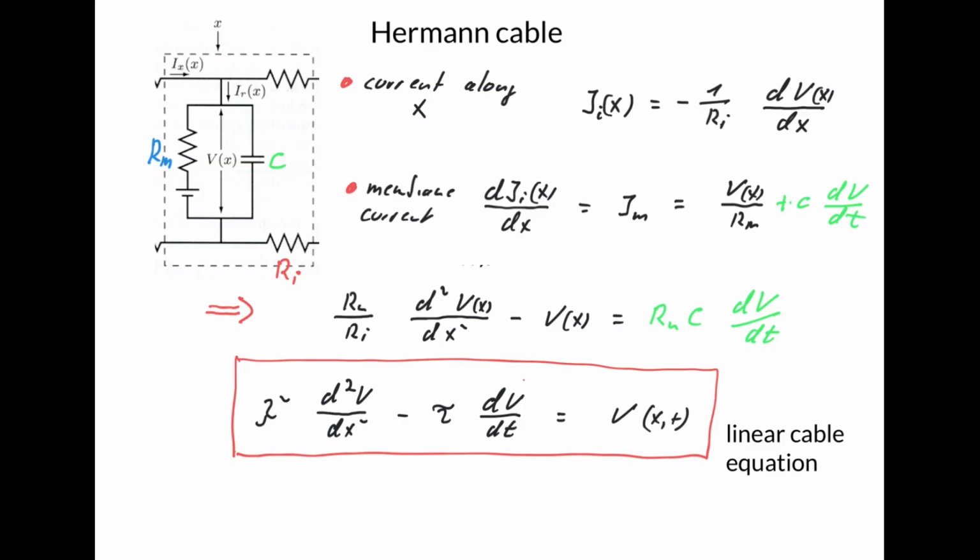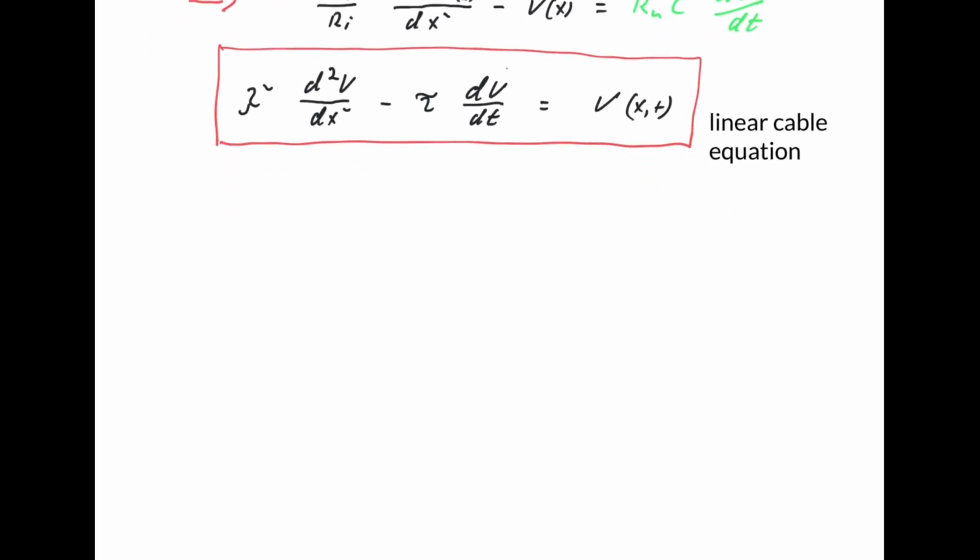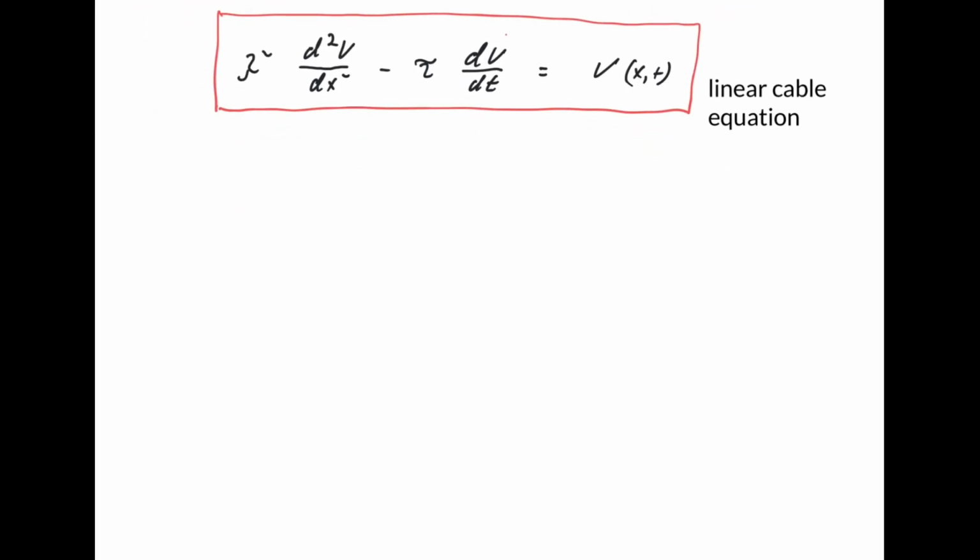Now let's try to find a solution to this second order space-time differential equation. Well, a good idea would be to start with an ansatz, because we know already how the equation should look as a function of time only.